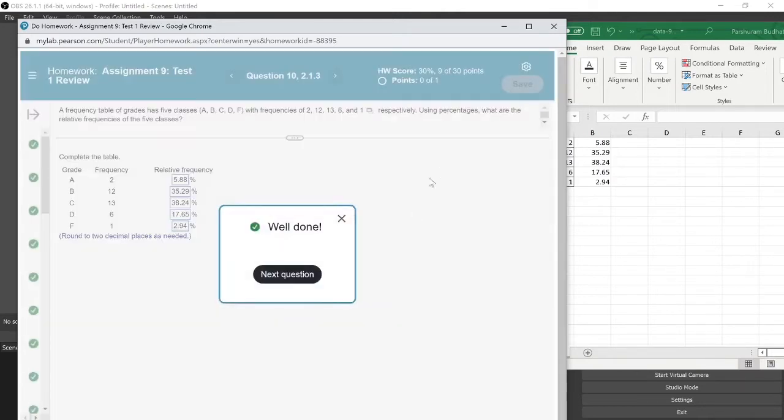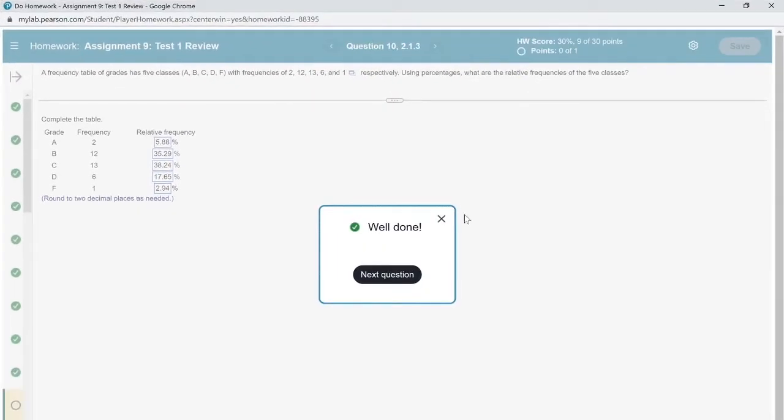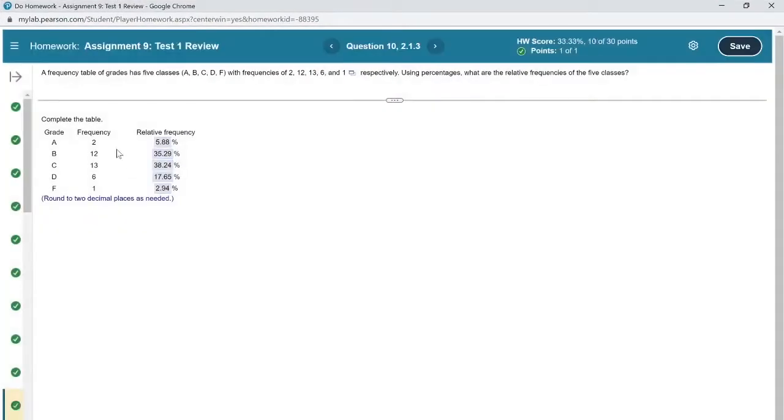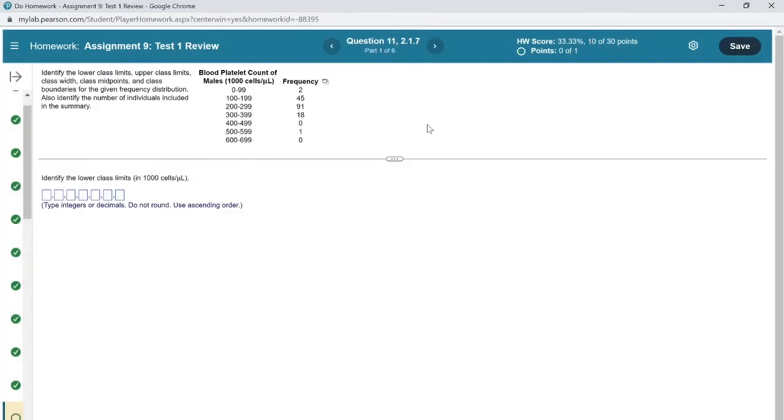That's the answer. Remember, to find the relative frequency, add all the frequencies, divide each frequency by the total, multiply by 100, and round to 2 decimal places. Let's go to the next question.